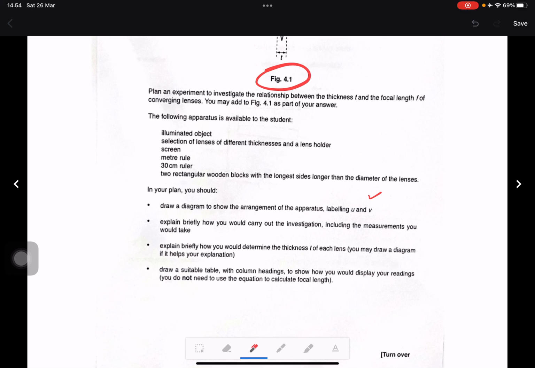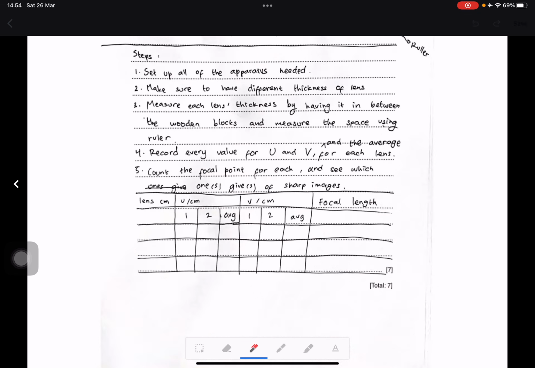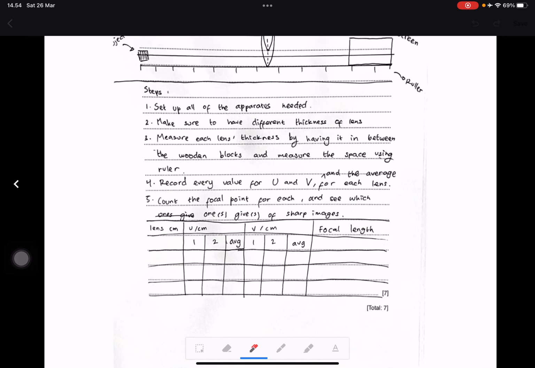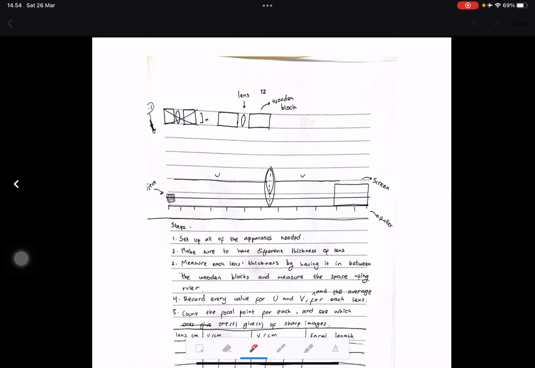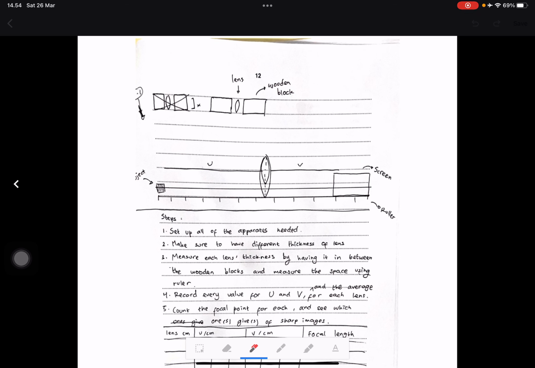Okay, let's check the student's work. First thing, they show us the diagram. Yeah, that's correct. They get 1 mark.